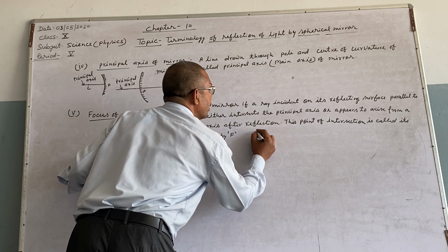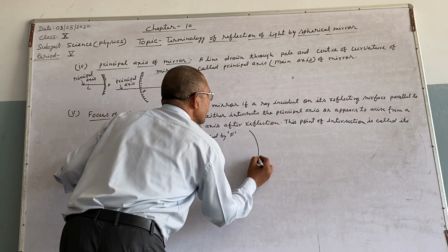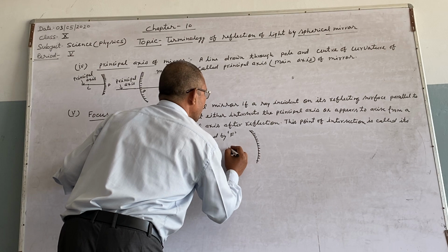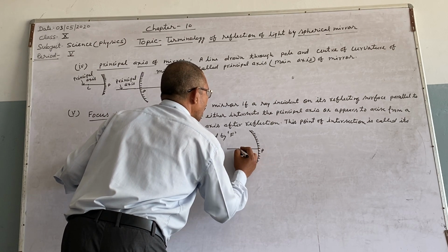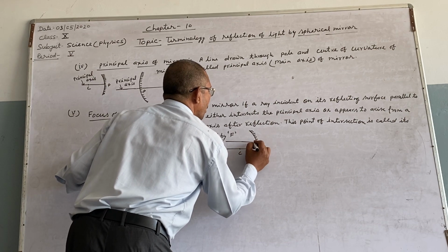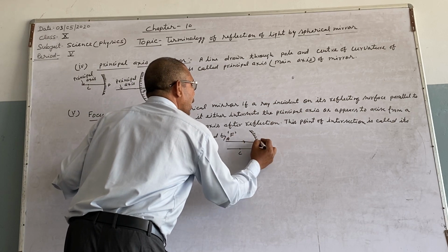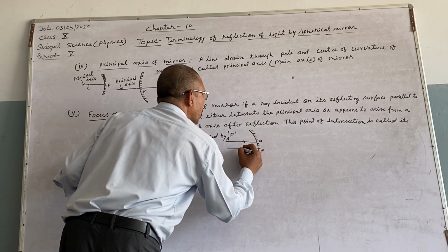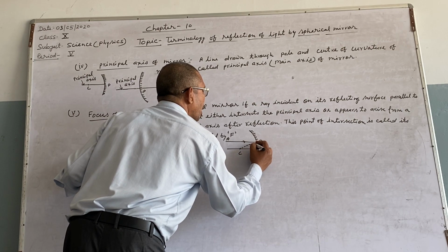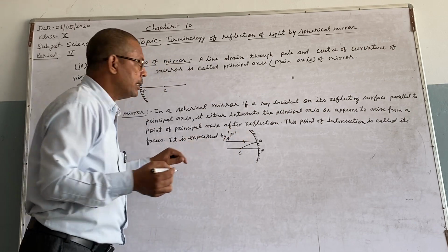Here, this is the case. Just see, this is a ray AO. Now draw a normal on the point of incidence by joining CO, right?